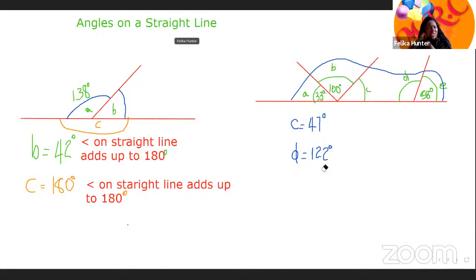Yes, but they said it's 180 degrees on a straight line. So is that even possible?